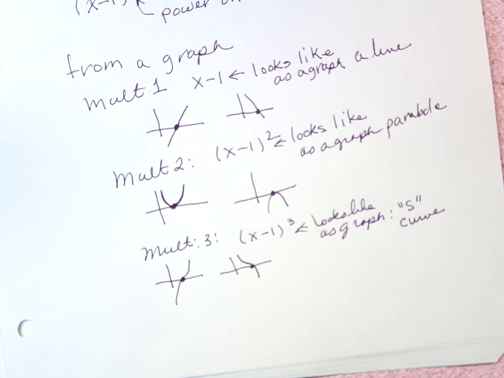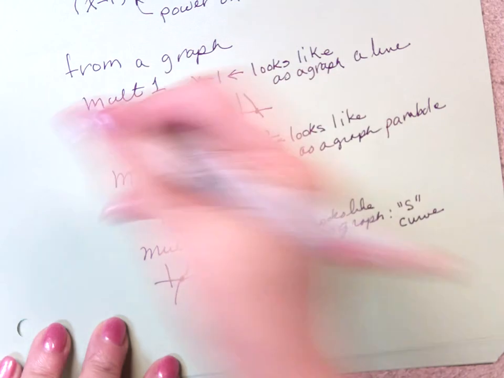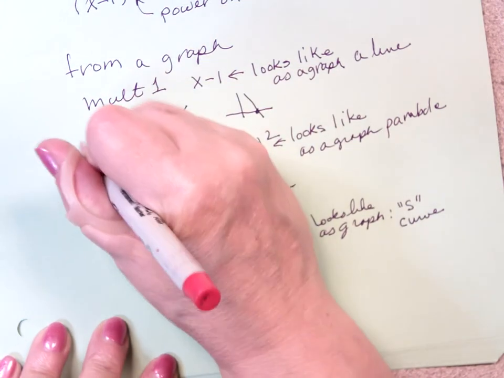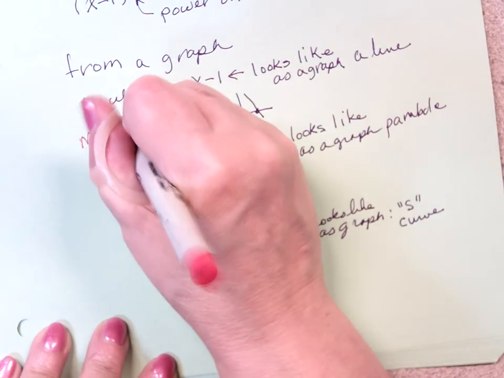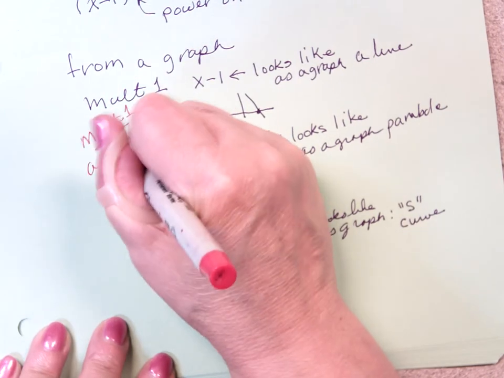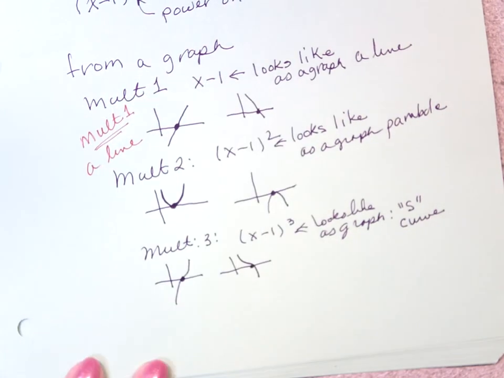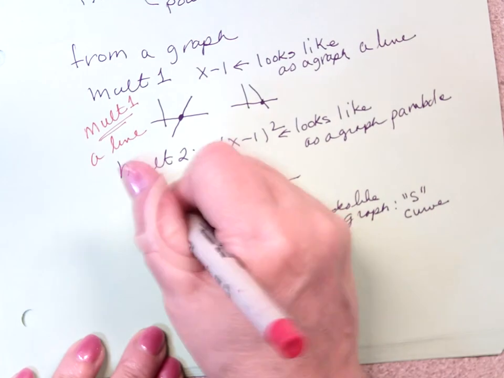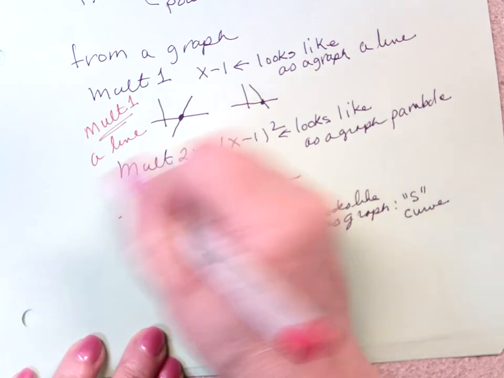This defines multiplicity 1, always looks like a line. Multiplicity 2 represents the even functions.